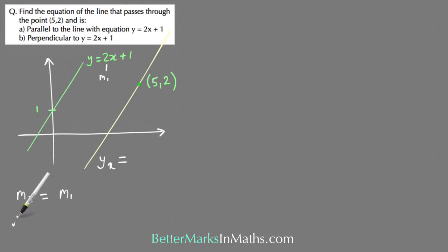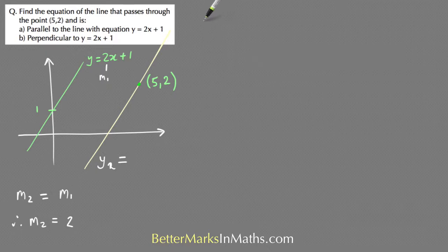Therefore, because they are parallel, m2 is equal to 2, the same as this one. And all you need to find the equation of a line is a point that belongs to it and the gradient, and we've got both now. This point belongs to the line and that's the gradient.